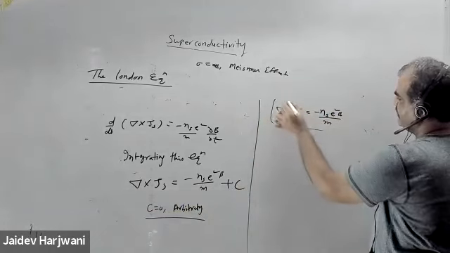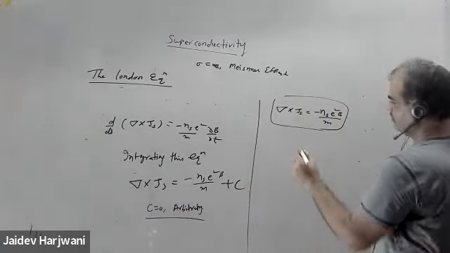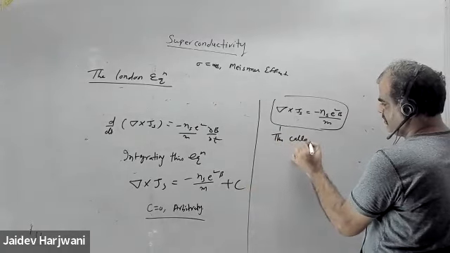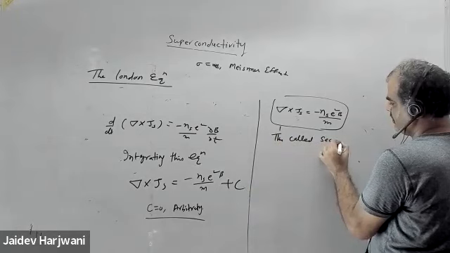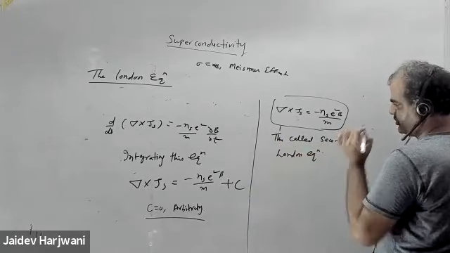This is my equation. This is called the second London equation.